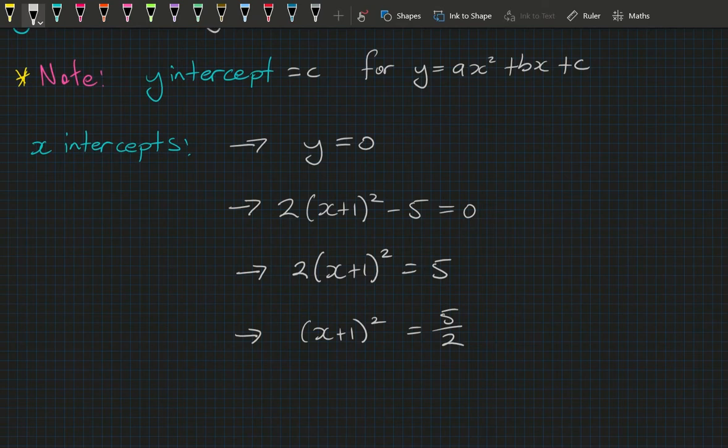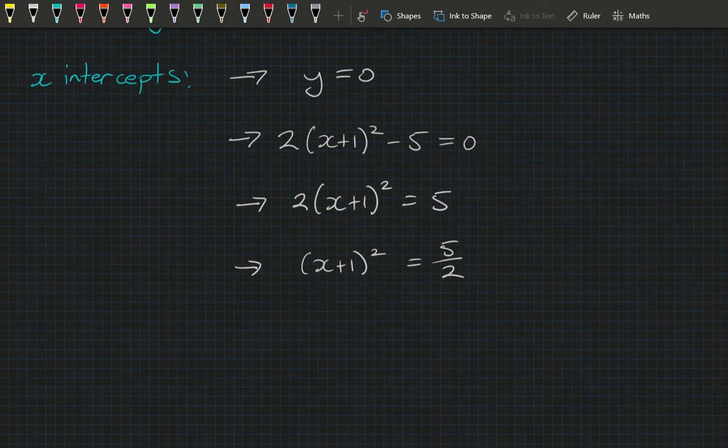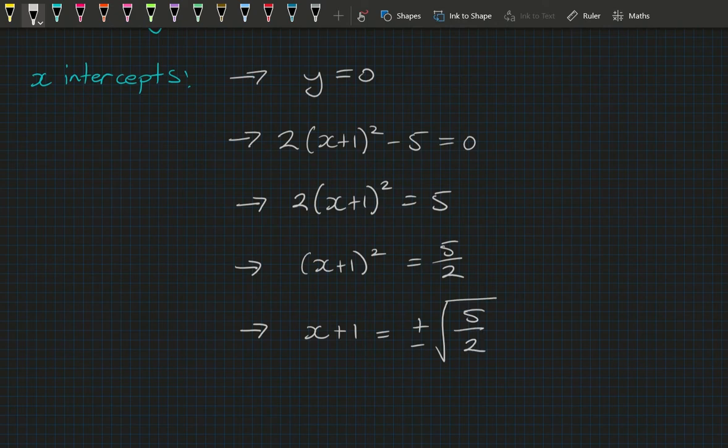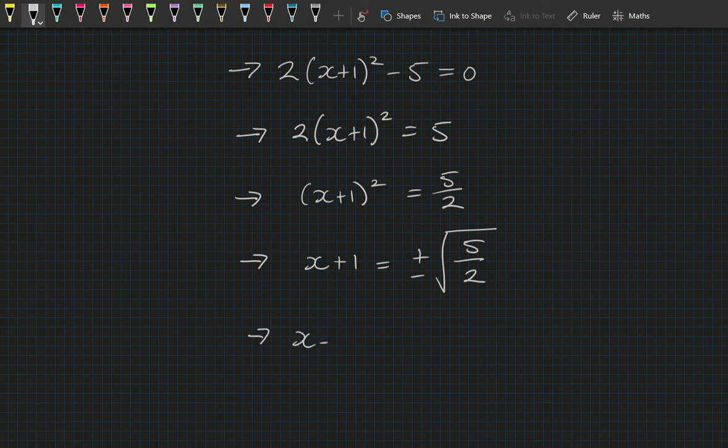Then to get rid of that square, we need to take a square root, but don't forget that it's a plus and minus square root, because a minus times a minus is also a plus. And finally, we just need to minus 1 from both sides. So we're left with x equals minus 1 plus or minus the square root of 5 over 2.